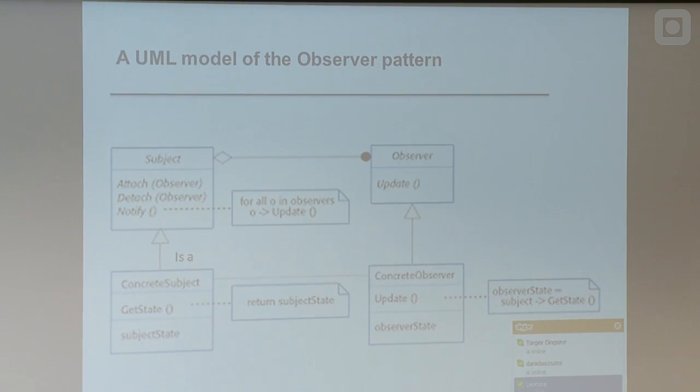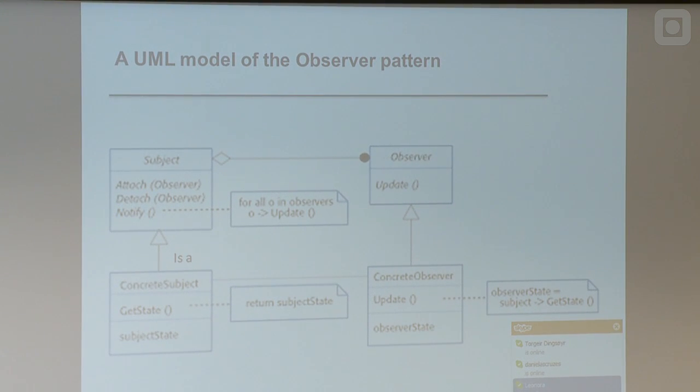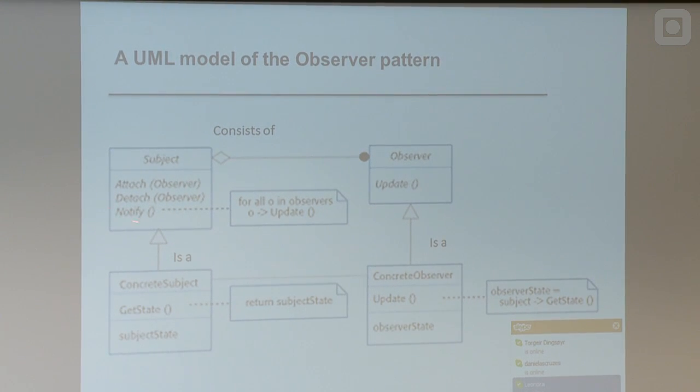What does the UML of the observer pattern look like? I have the classes subject and observer that will be offered by the language, for example by Java, and you will have to specify concrete subject and concrete observer. This relationship here is an inheritance relationship: concrete subject is a subject, concrete observer is an observer.